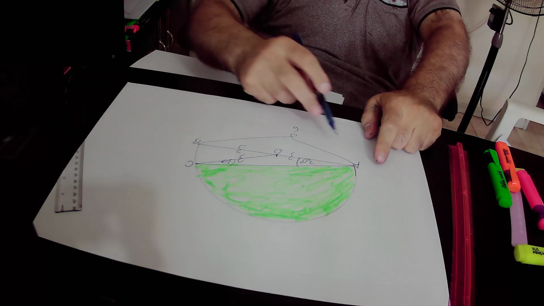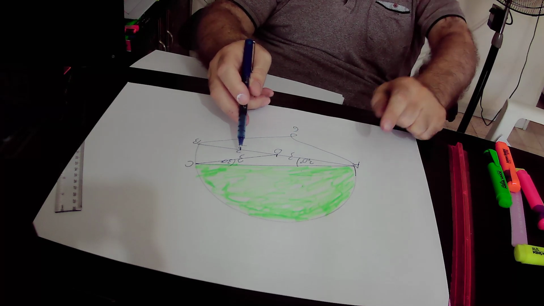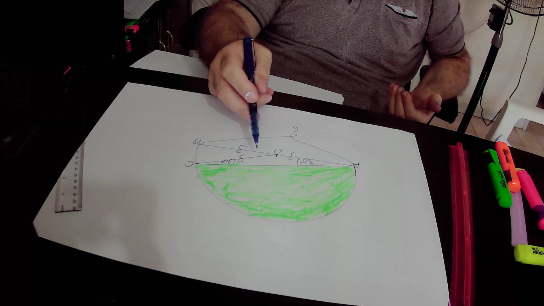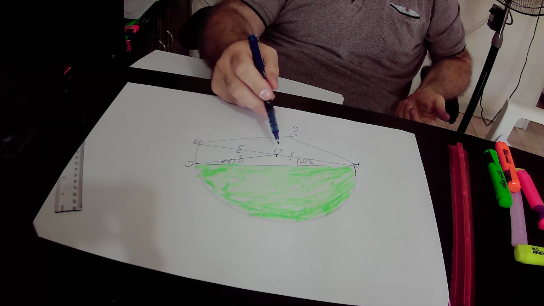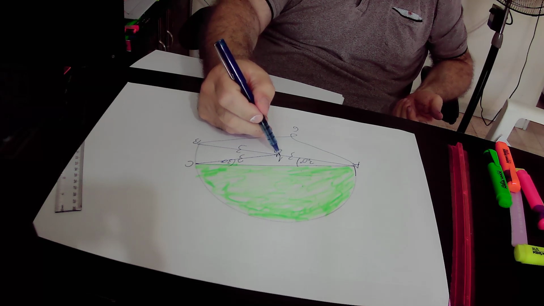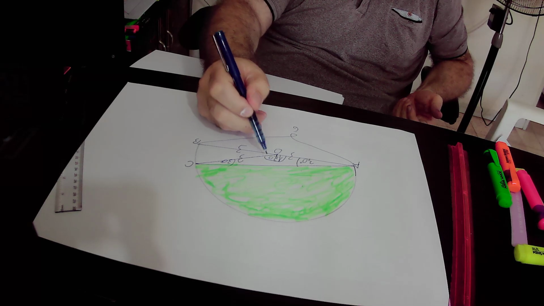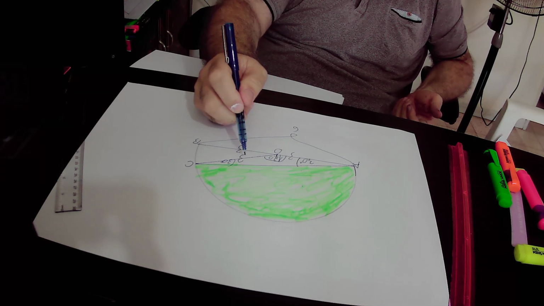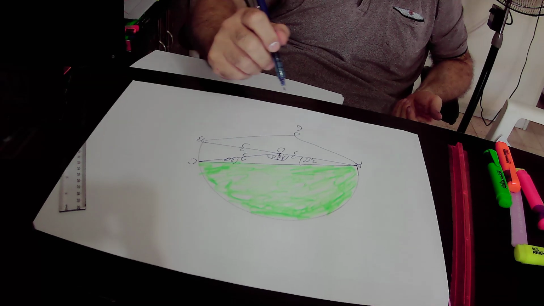In triangle AOC, this angle equals 30 degrees, this angle also equals 30 degrees. 30 degrees plus 30 degrees is 60 degrees. And we know that the sum of the angles in any triangle is 180 degrees, therefore the missing angle must be equal to 120 degrees, because 120 degrees plus 60 degrees is 180 degrees. So this angle must be equal to 120 degrees.